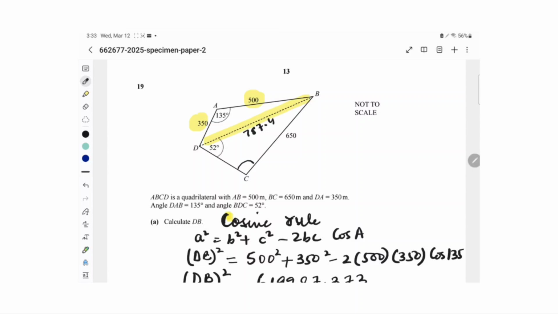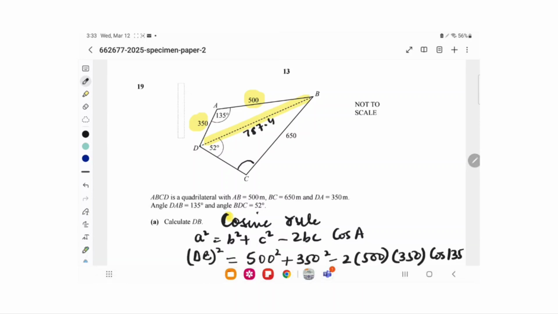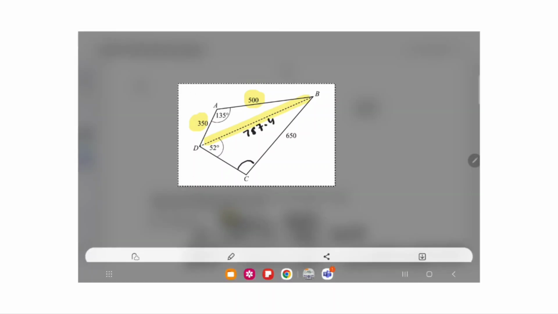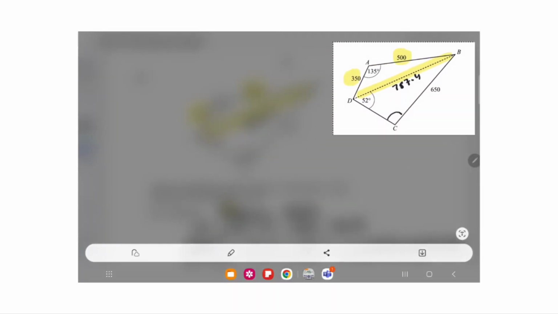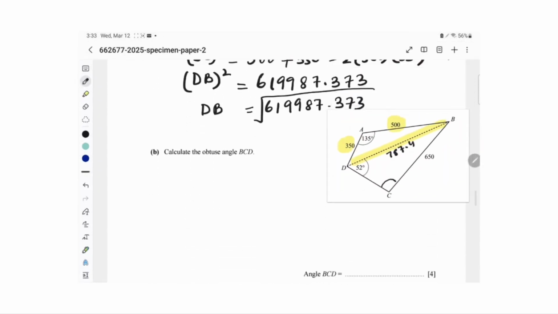Sine rule: a over sine A is equal to b over sine B is equal to c over sine C. So write down sine C upon 787.4. Look at the diagram.